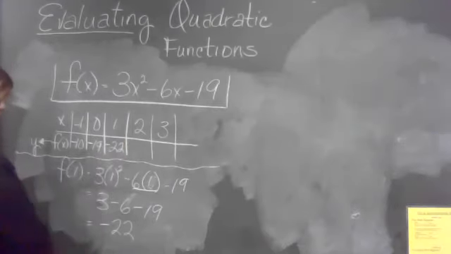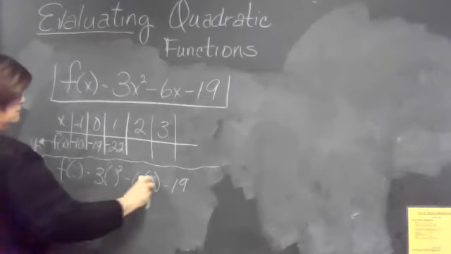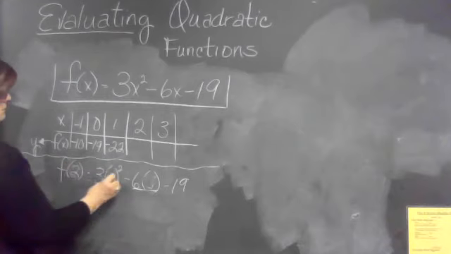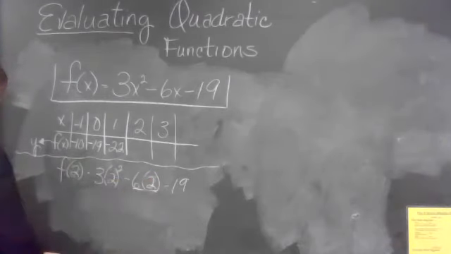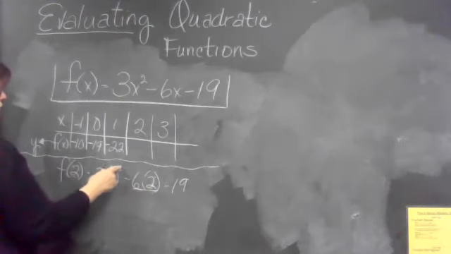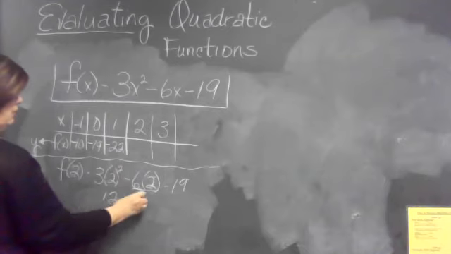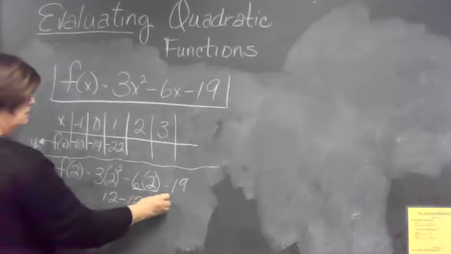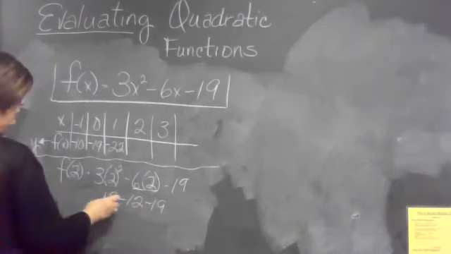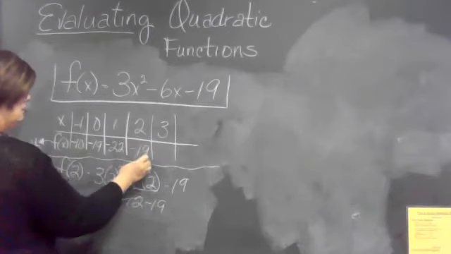2 more times. We're going to plug in 2 now. So now we have 2 squared is 4 times 3 is 12, minus 12, minus 19. These 12 minus 12 is 0, so we have -19.